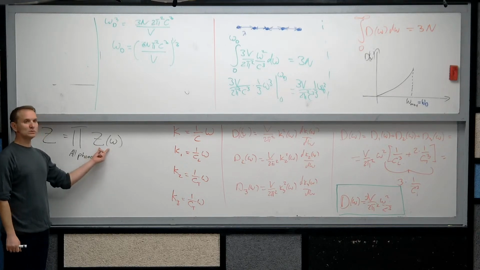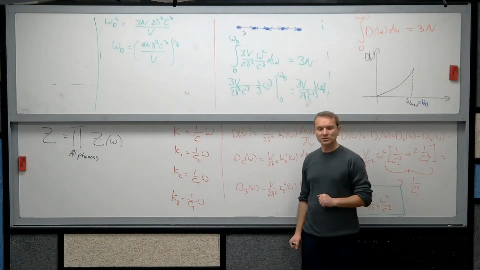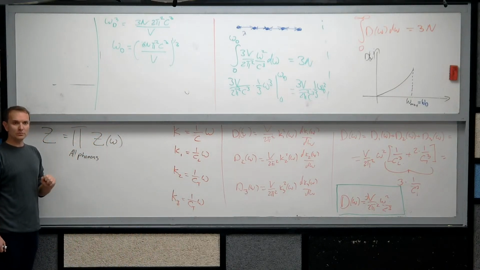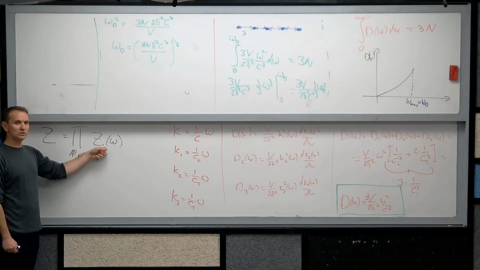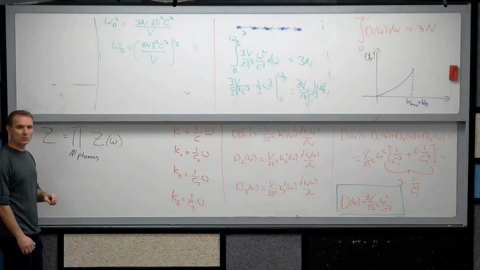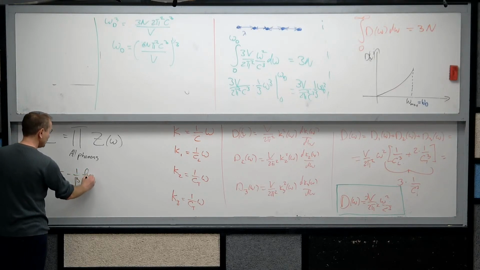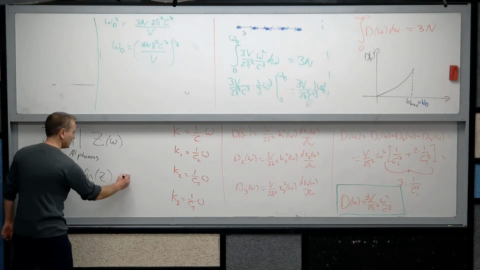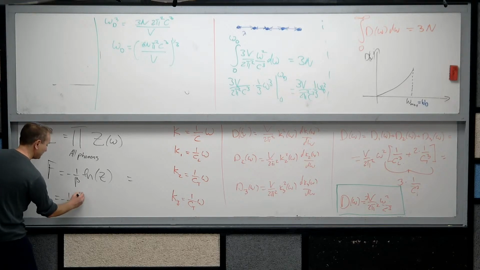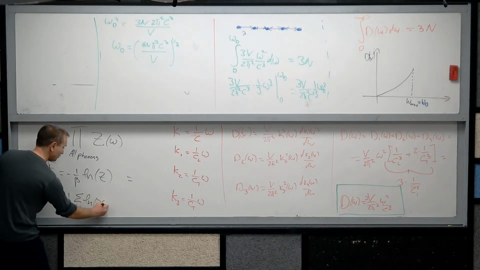Well, we cannot really multiply over all the different omegas, because omegas are a continuum, but for any given omega, we can compute this Z of omega. Now, we don't really need Z for all the thermodynamic quantities, because we know that F equals minus 1 over beta log of Z. So this is going to be minus 1 over beta, a sum over all omegas of log of Z of omega.